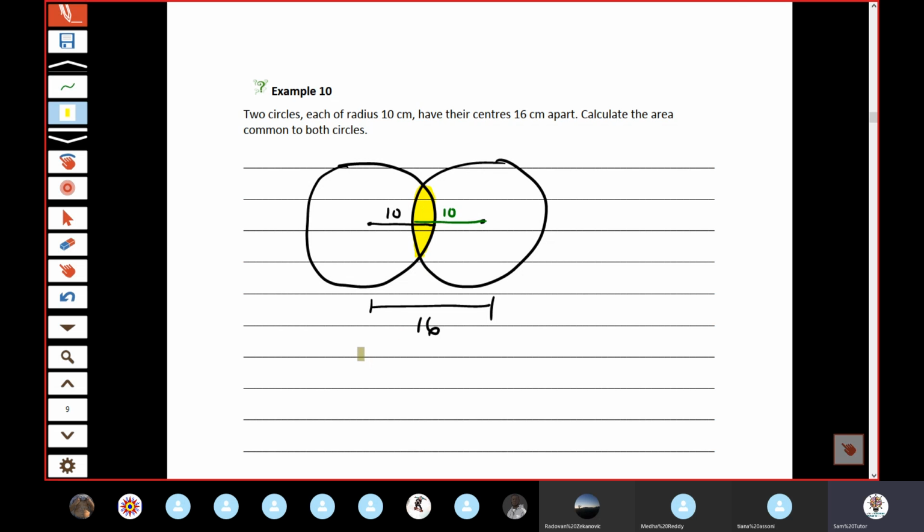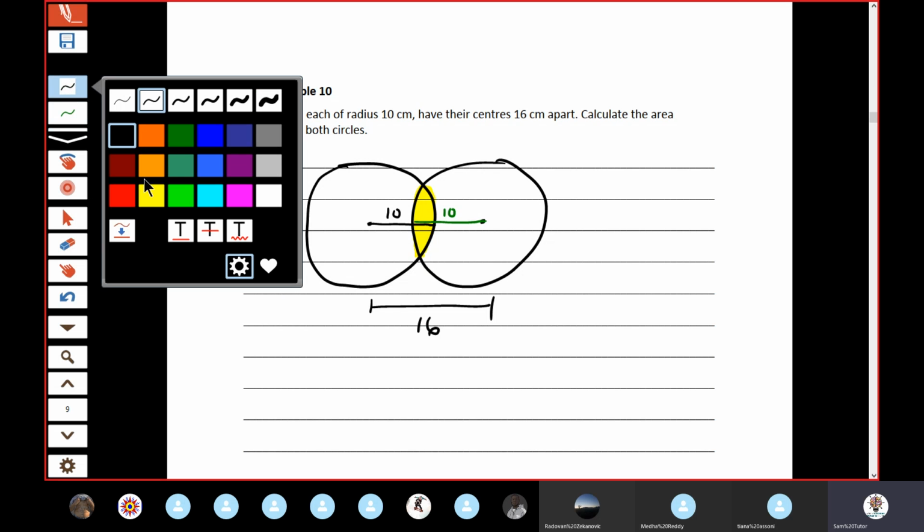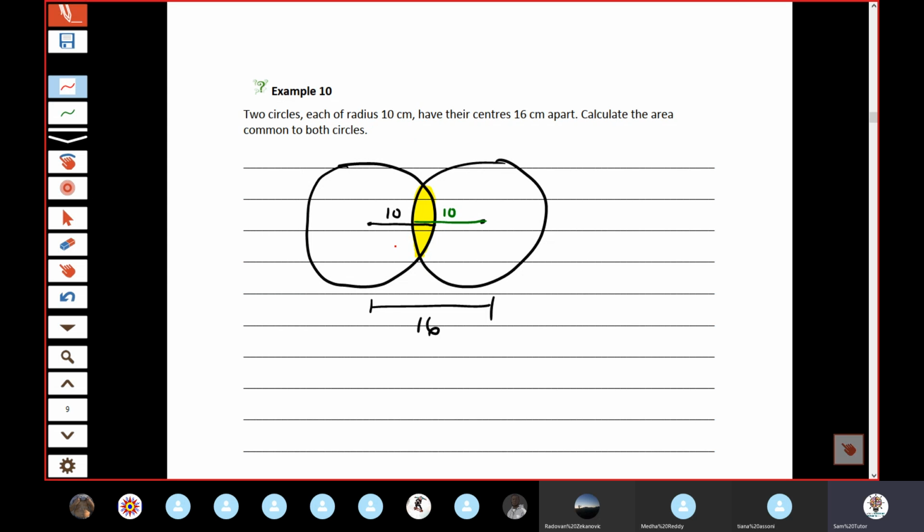Okay. Hmm. Okay. Let's see what I see. I see, firstly, I don't see a triangle or anything like that, so I'm going to create that.